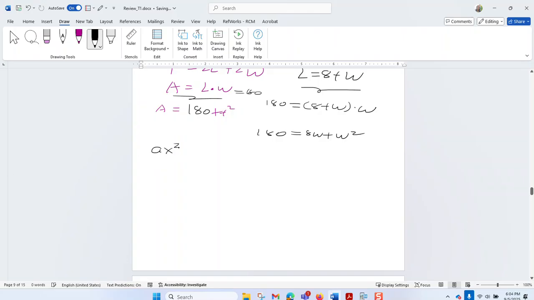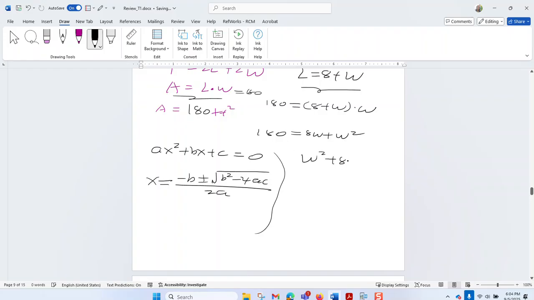And you can do the factoring or you can do the quadratic formula. The quadratic formula is negative b plus or minus the square root of b squared minus 4ac, over 2a. All right. So you can use this quadratic formula or you can do the factoring, right? So we have to let one side equal 0. So we minus 180 on both sides. So W squared plus 8W minus 180 equals 0.